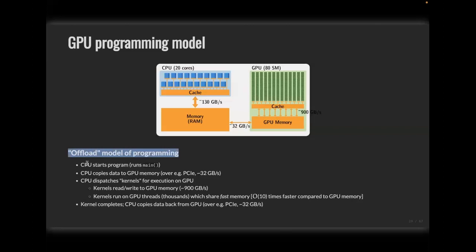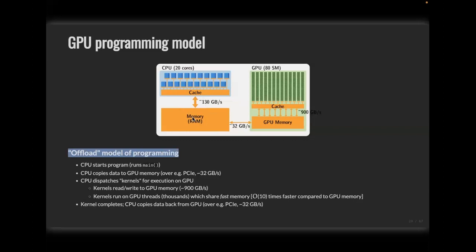But basically, in any program that is going to use the GPU, first the program starts on the CPU. The CPU loads the program, and the main program, for example in C, is executed by the CPU. It has some data in main memory that it wants to process. It ended up in main memory either because you read a file or you generated the data by running some program. Now you want to use the GPU.